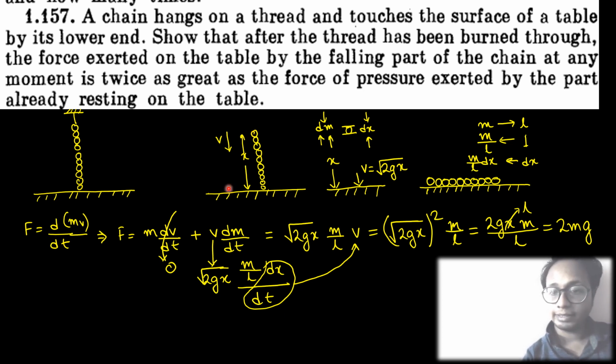So the force exerted out here by the chain on the table is 2mg. Similarly, the force exerted by the chain out here is mg. So I proved that the force exerted by the chain on the table is double that of this value, because force out here is mg.